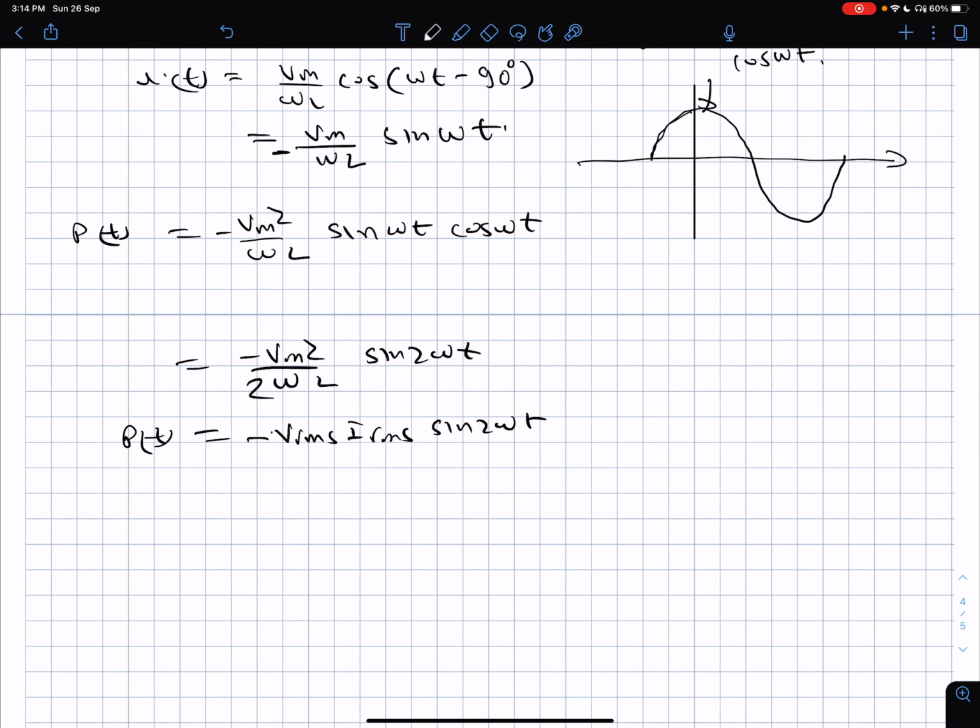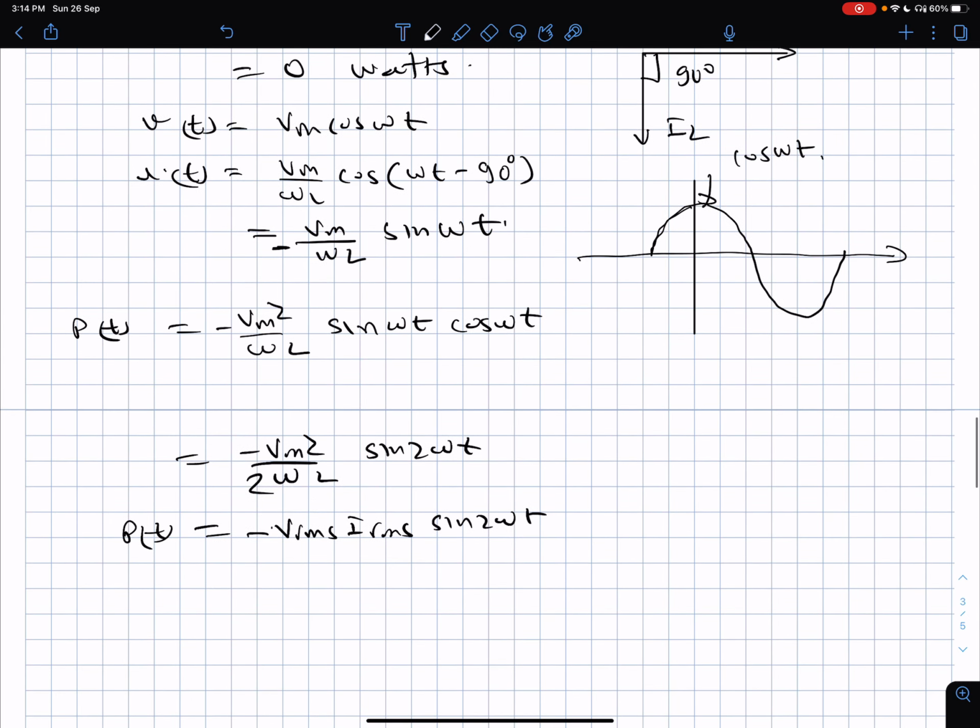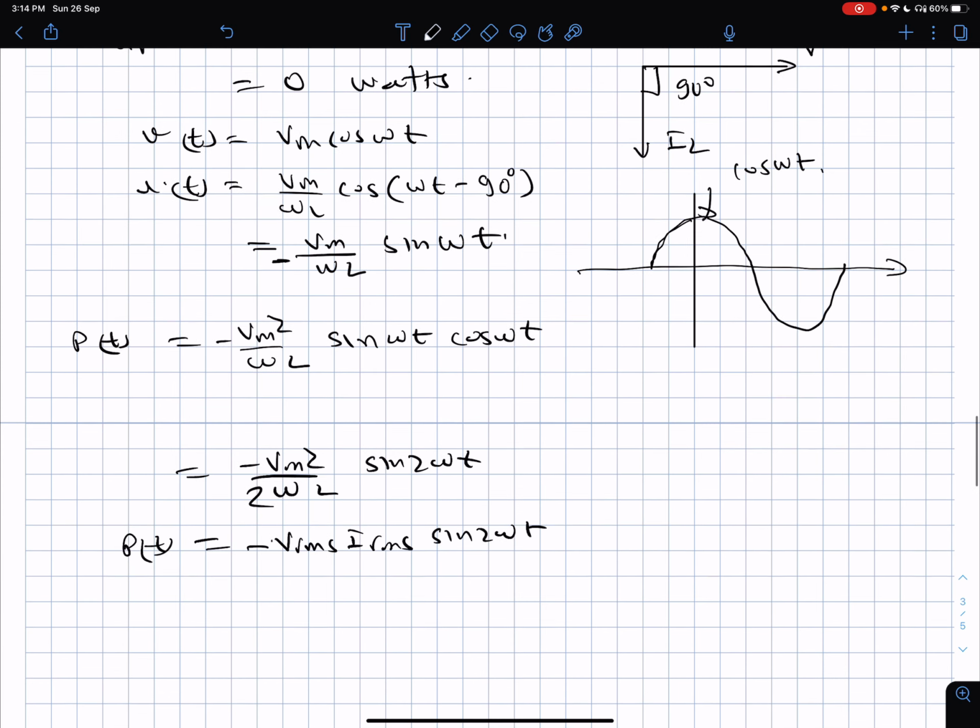And of course I don't need to recalculate the average. We already know that the average is 0.